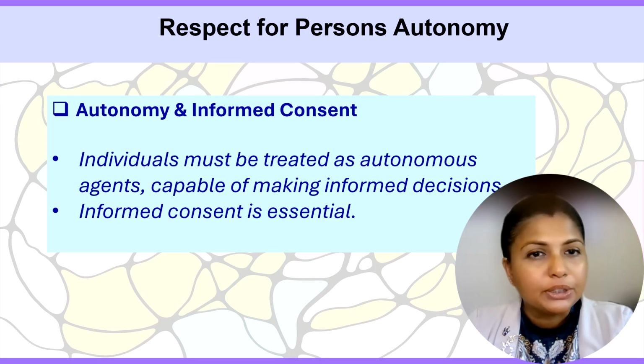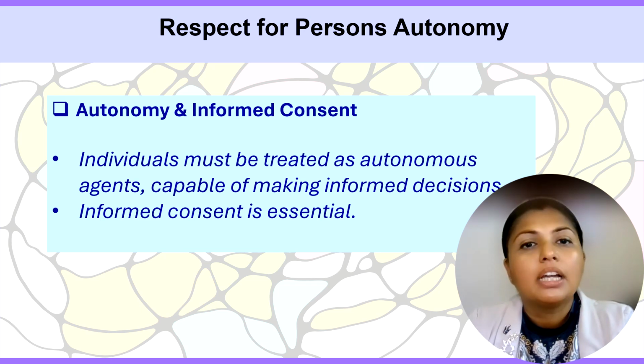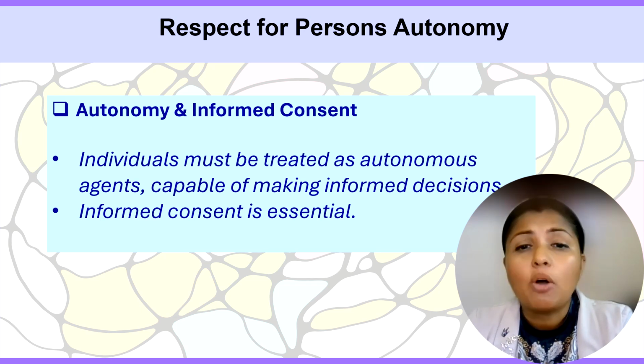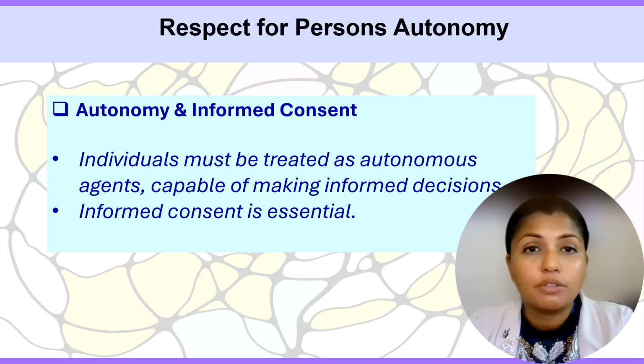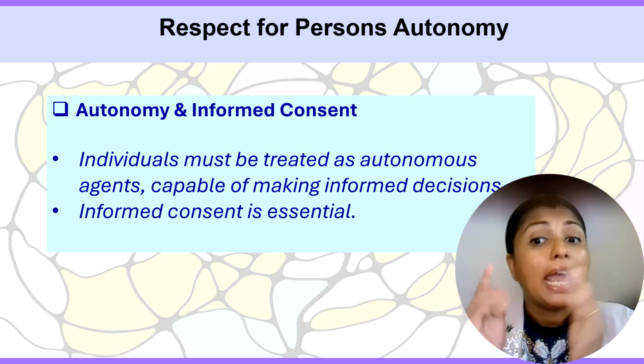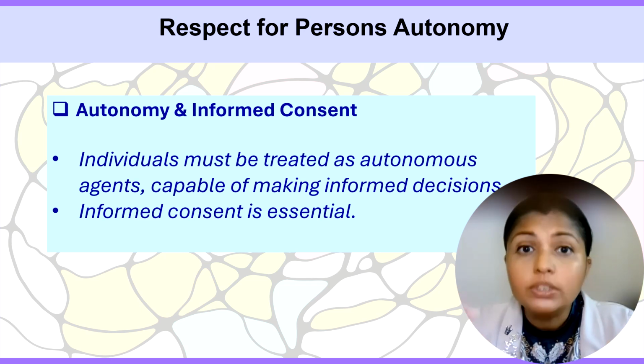Now, let's go into respect for persons. This is an ethical principle that recognizes the inherent dignity, worth, and autonomy of every individual who is part of a research. It means that researchers must acknowledge the participants as autonomous agents who are capable of making their own decisions.